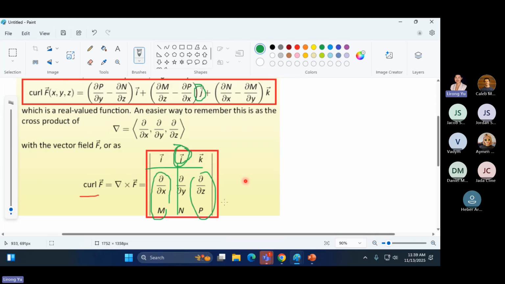So j would never combine with i or k because they're in the same row. J will never be combined with y or N because they're in the same column. So with matrix sense, j will only be combined with this and this. So how do we do it? They also are not going to combine with each other because they're in the same column.